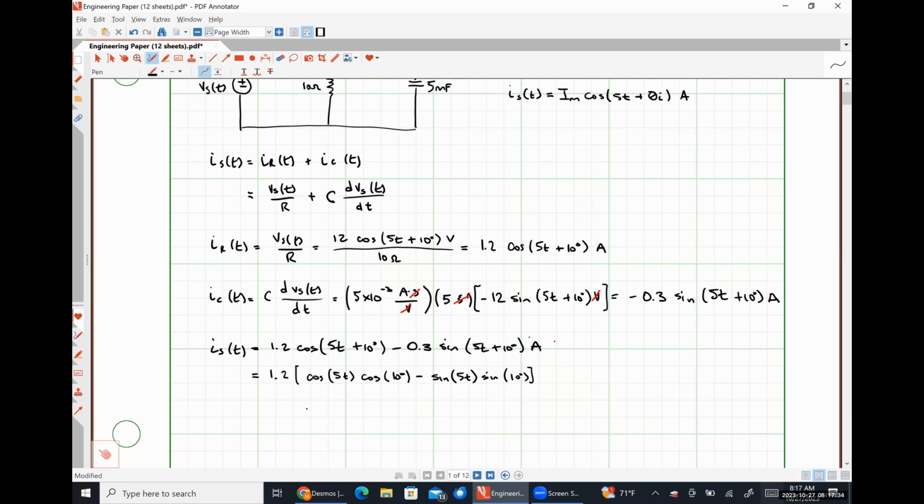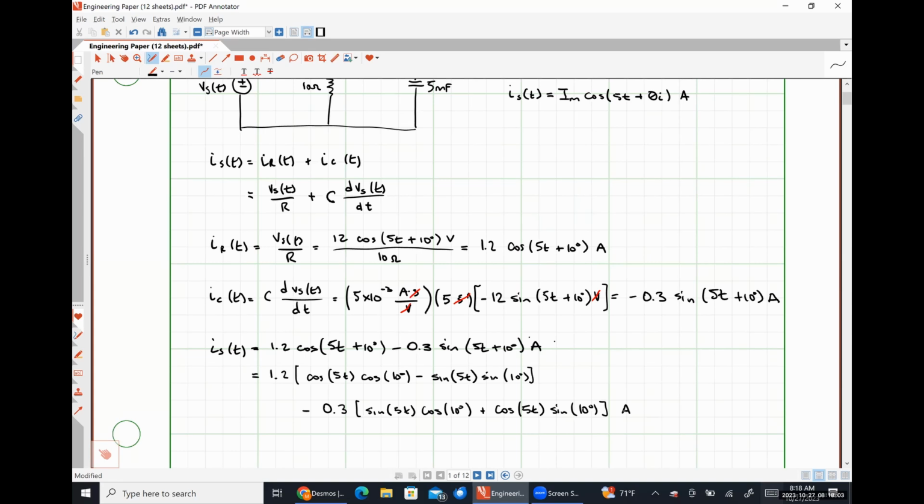And then down here, this is still the same line of math, 0.3 times sine of 5t cosine 10 degrees plus cosine 5t sine of 10 degrees. And this whole thing is expressed in amps.